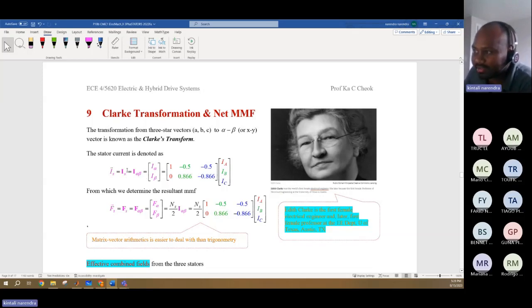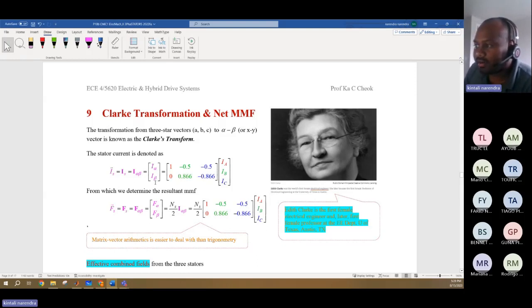This IS is in the direction in which the resultant magnetic field is developed. When you have three currents, the resultant field is IS. That IS is dependent on I alpha and I beta.